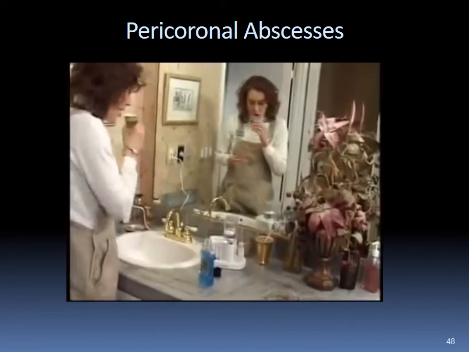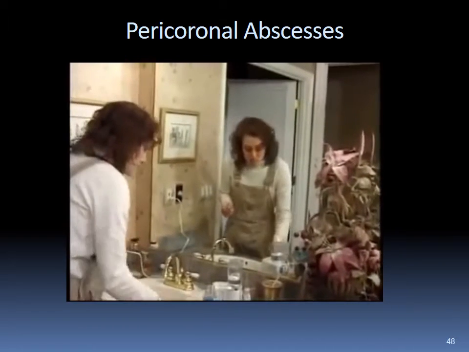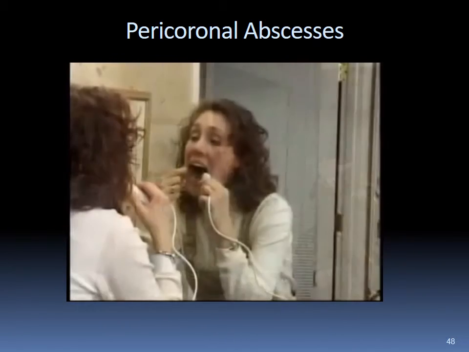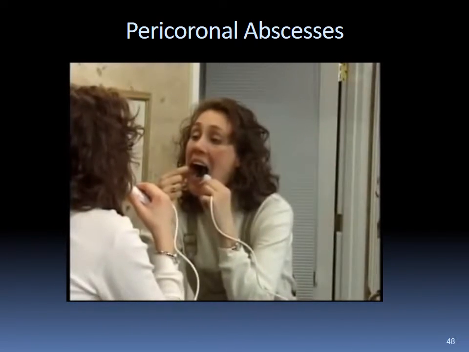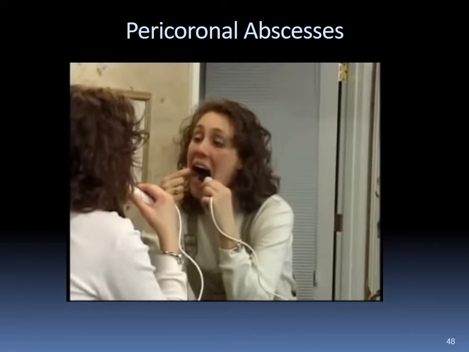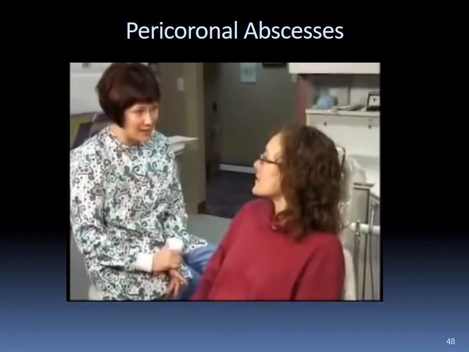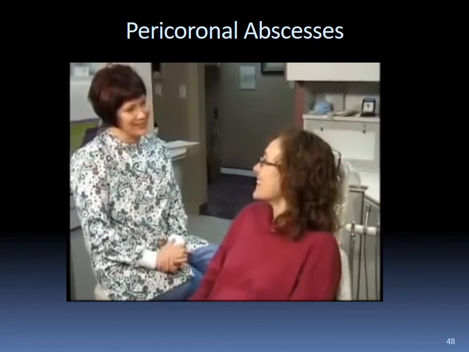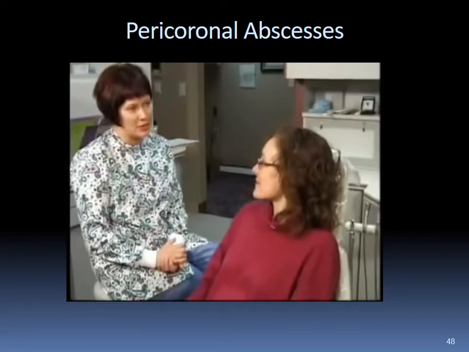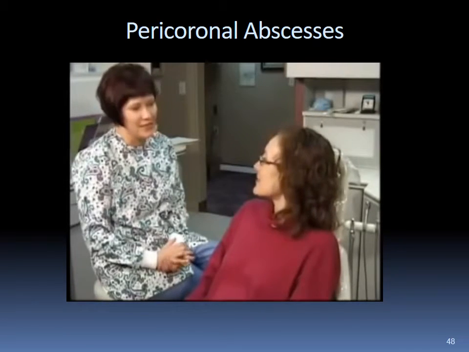Home care may include rinsing your mouth with warm salt water or an antimicrobial mouthwash. We may also suggest that you use an oral irrigator to help keep the area bacteria-free. Pericoronitis is painful and can lead to more serious problems. It's important to treat pericoronitis as soon as possible to restore the health of your mouth.